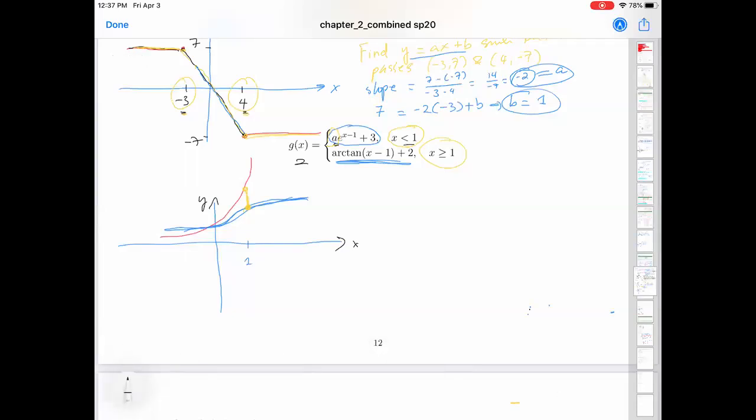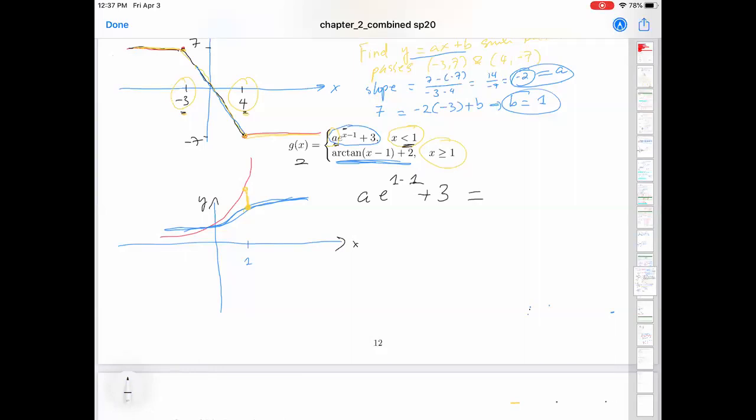Now, when x equals 1, I want to plug into a times e to the 1 minus 1 plus 3. So when you plug the value 1 into the x here, you can find the value of the red graph function, right?